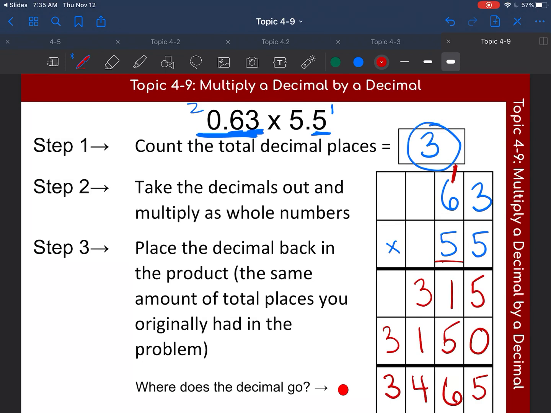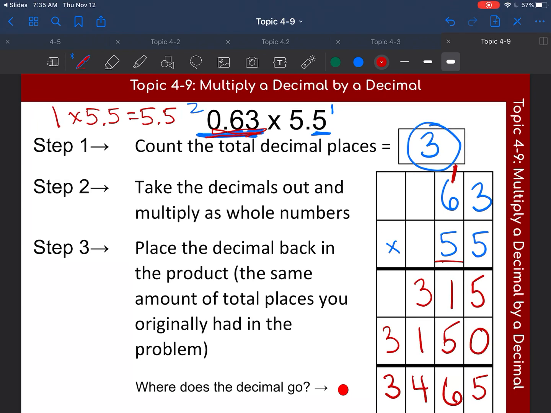Before we put our decimal place back in, let's look at our original problem and estimate. What could we round 63 hundredths to? We could round that to 1. And if we make 63 hundredths 1, can't we keep 5 and 5 tenths the same? So our answer is going to be around 5 and 5 tenths. Right now our answer is 3,465.